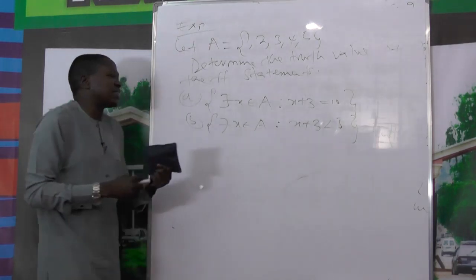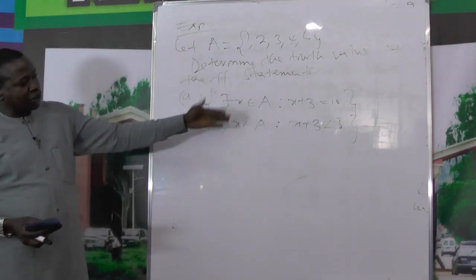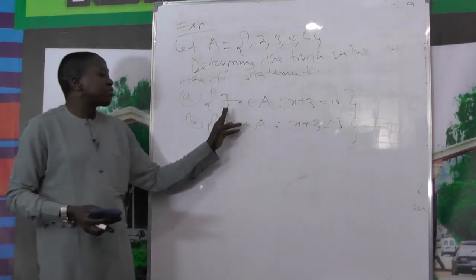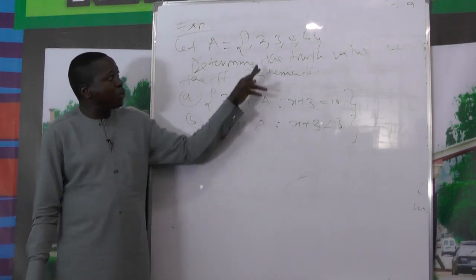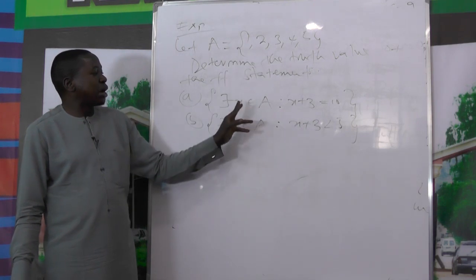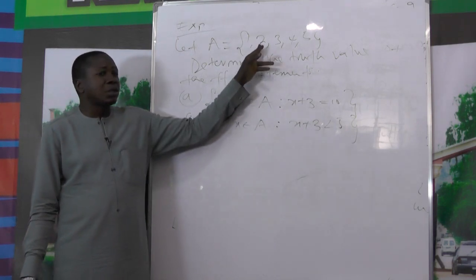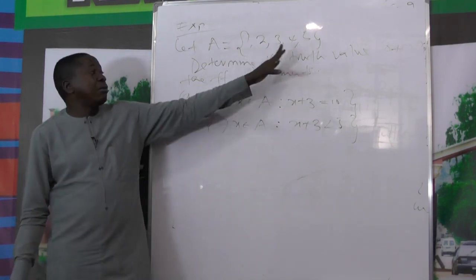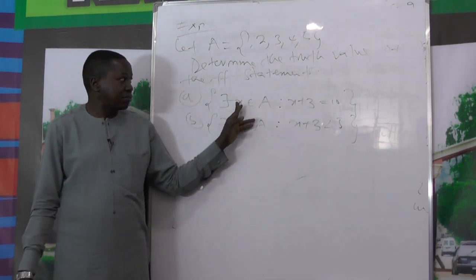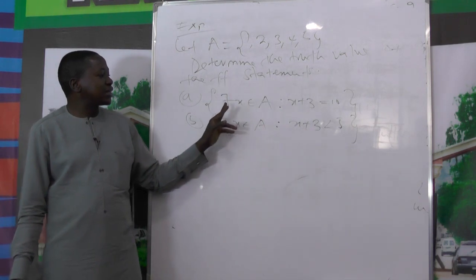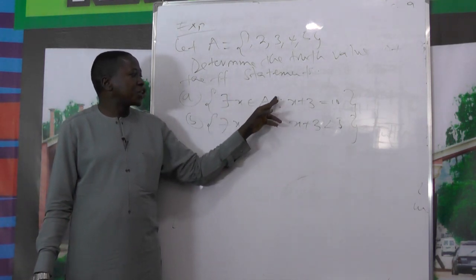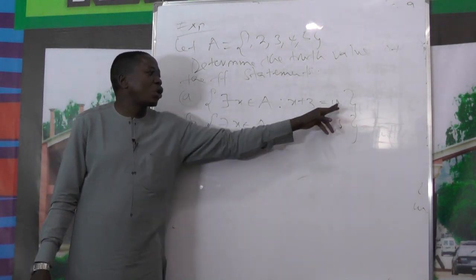Now these two things are statements. As you can see now, they are statements. This one reads, there exists X element of A. You remember we have given A. It means our X can be 1, 2, 3, 4, or 5, because we are taking our X from this A. There exists X element of A such that X plus 3 is equal to 10.